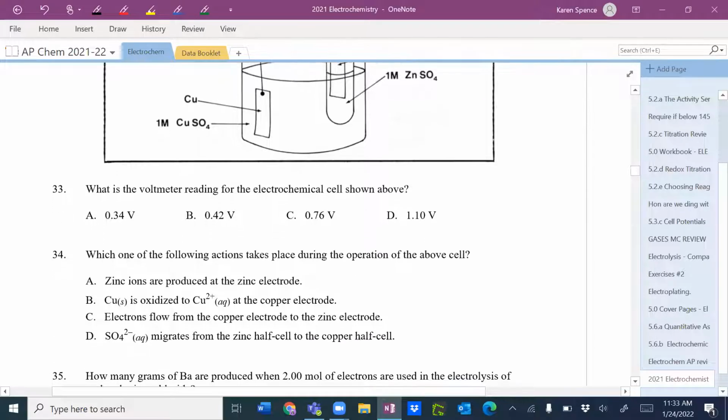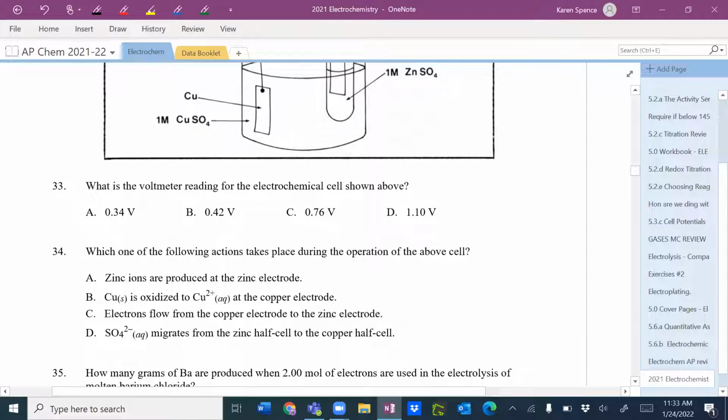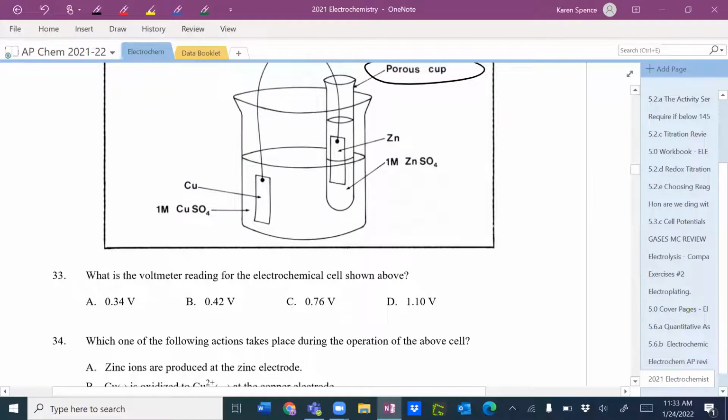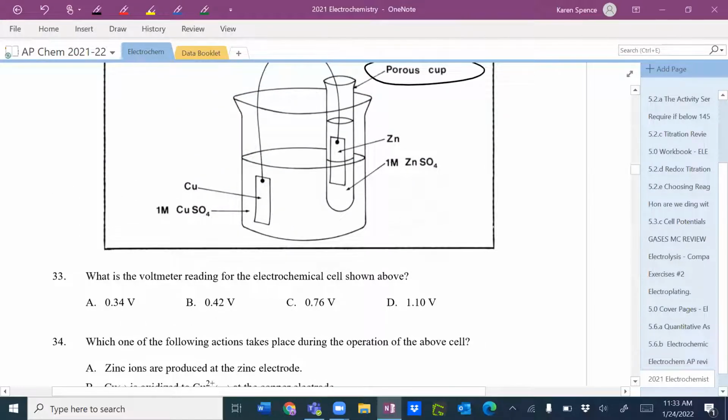Which of the following actions takes place during the operation of the above cell? So we need to know who is the cathode and who is the anode. Copper and zinc, I happen to know because that's the one we do all the time, that copper is the cathode and zinc is the anode.